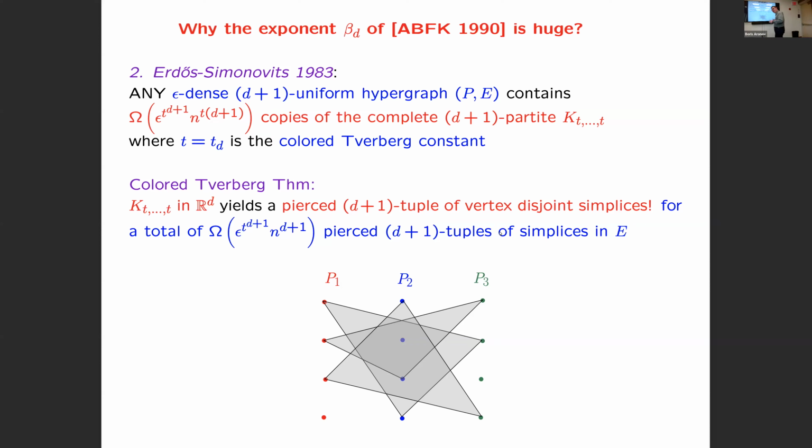But the root of the exponentiality of the selection exponent lies in this reliance on Erdős-Simonovits, which is a completely non-geometric result. It does not use the underlying geometry of the hypergraph, and it leads to a really bad exponent.